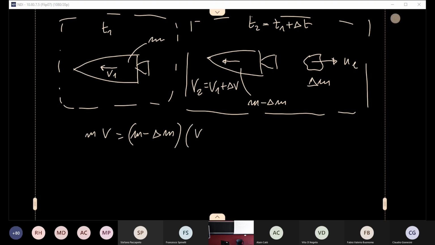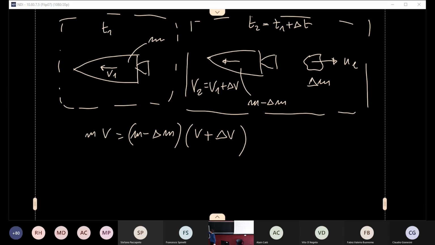The rocket has velocity v plus dv. This will be the momentum of the rocket, and we now have to consider also the momentum of the exhausted mass.